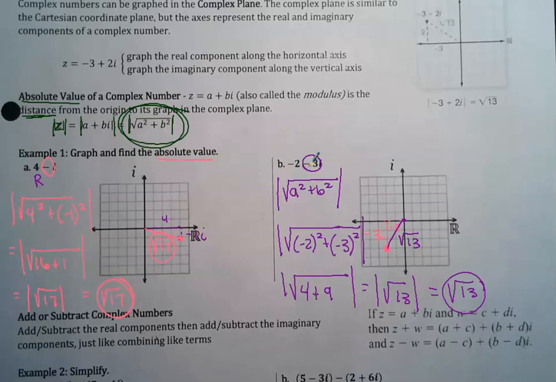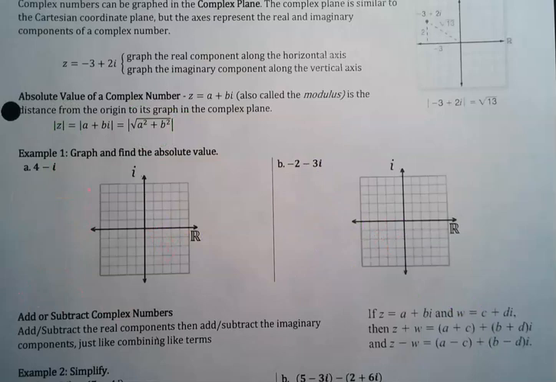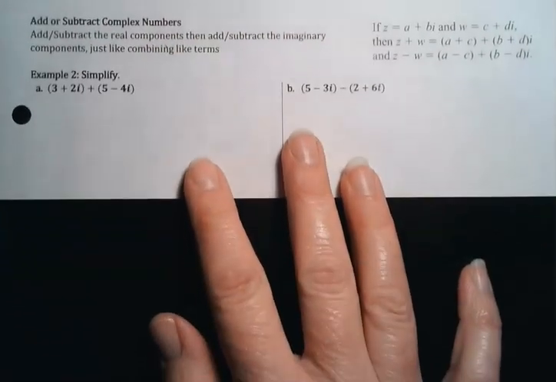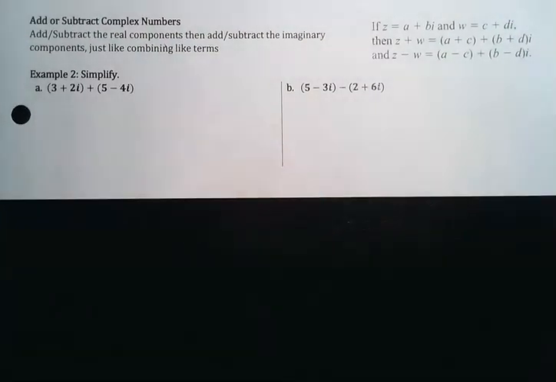All right, excellent. Great job finding the absolute value of a complex number. Then we're going to talk about adding or subtracting complex numbers. And you're going to love this part. It's really easy. To add or subtract complex numbers, we add or subtract the real components, then add or subtract the imaginary components.